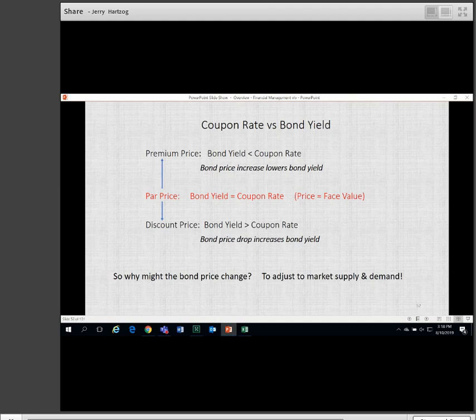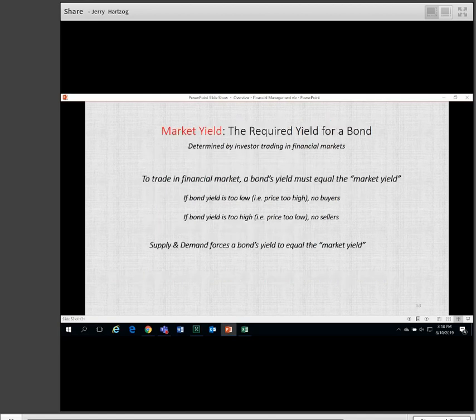Well, let's talk about why the bond price might change. Fundamentally, it's to adjust to the supply and demand in the marketplace. Now, the market yield is that yield determined by supply and demand in the market because of trading by buyers and sellers. Usually you're probably used to hearing that supply and demand determines price.